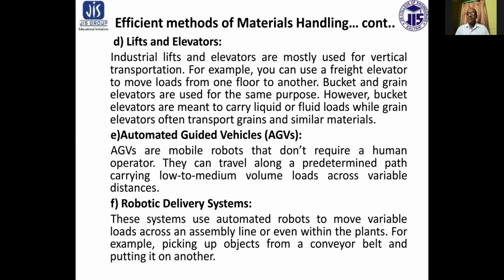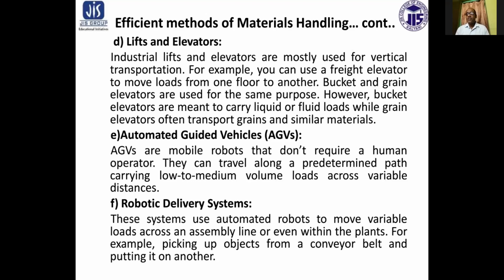This system uses automated robots to move variable loads across an assembly line or even within the plants. For example, picking up objects from a conveyor belt and putting them in order.